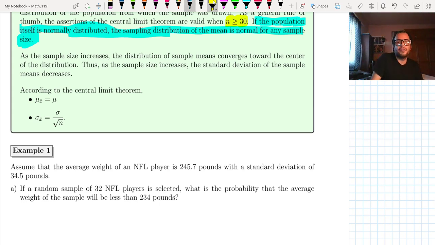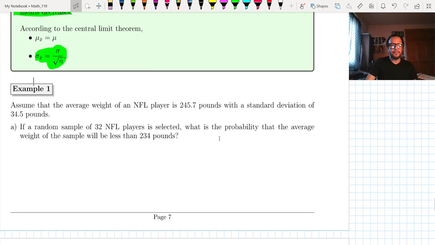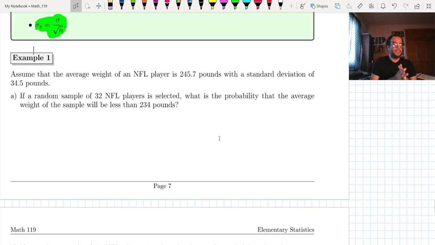How can we translate this into formulas? Well, as sample size increases, the standard deviation of the sample decreases. So notice in this case, the standard deviation will be divided by the square root of n. Where do we get that from? Well, it's not within the scope of this course. Let's just use it. Okay, so let's look at an example.